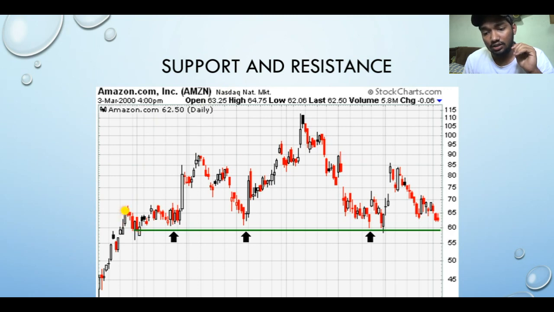From here it fell, and it went up, and it went down, and it went up again, so it's a support here. For this downtrend line, this is support, and this is support, and this is support, and it goes on like that. We'll talk about what resistance is.